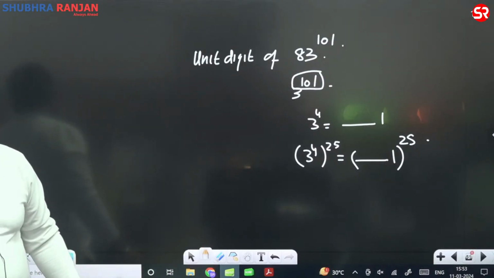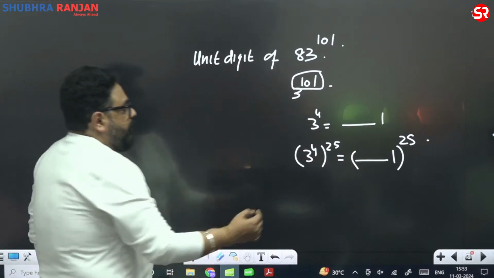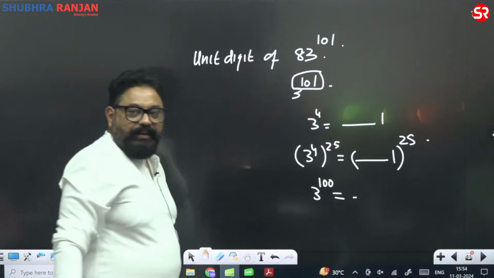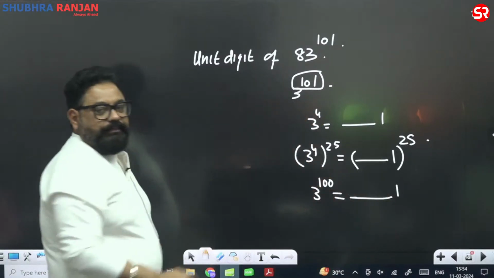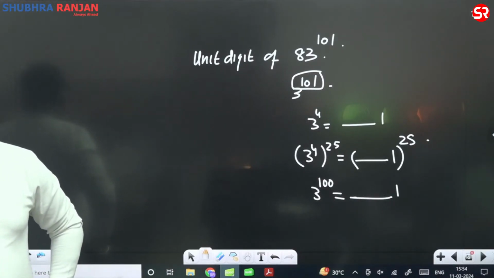Can I say this? Agreed? And this is 3 to the power 100, and a number ending with 1 raised to the power 25 would end with 1 only.